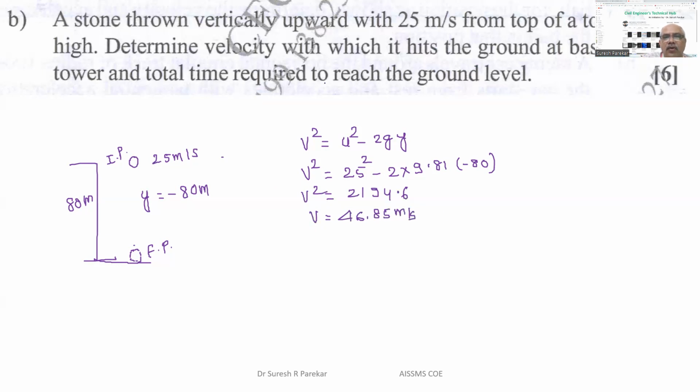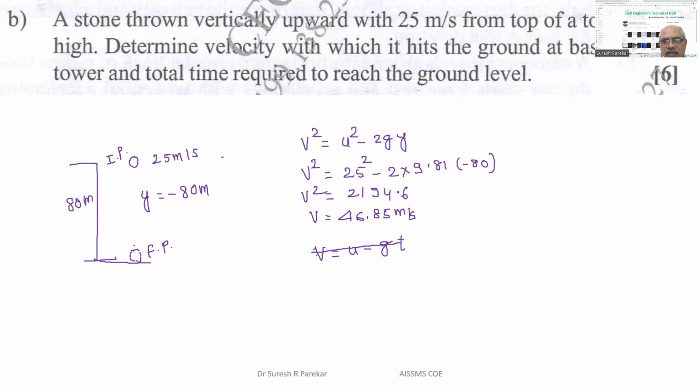Now next, how much time is required? Now we can solve this also. So we have v is equal to u minus gt. Now v is 46.85 meter per second.